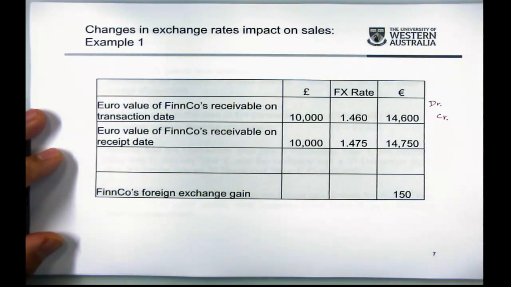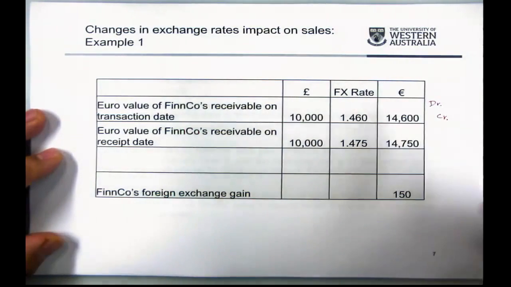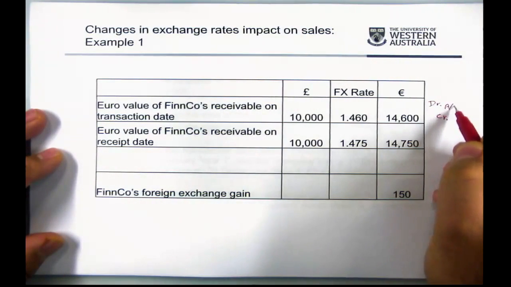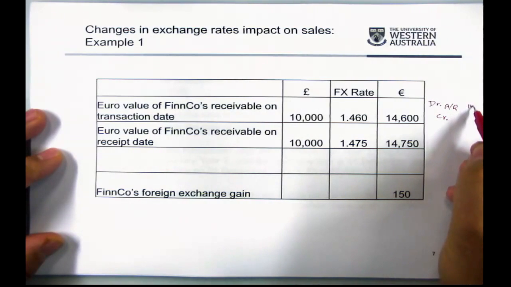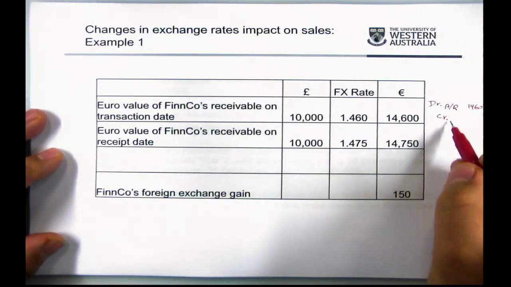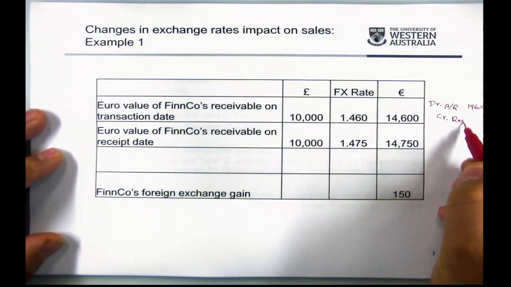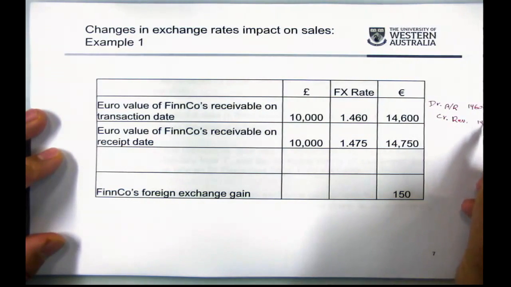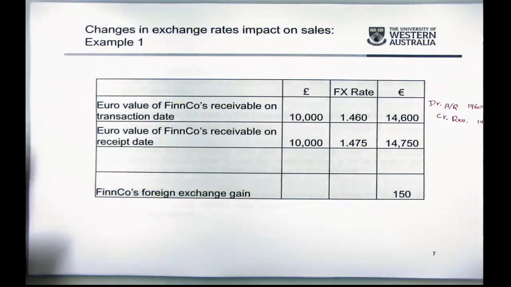Debit cash, but it is sales on credit. So debit accounts receivable, 14,600. Credit what? Revenues. Okay, credit revenues, 14,600.